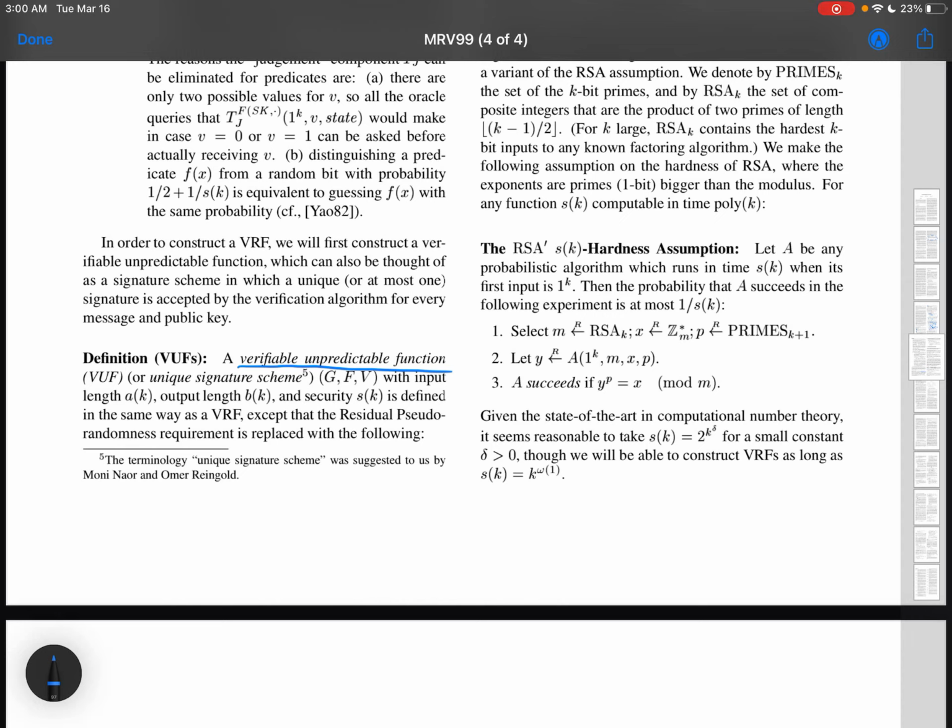So what happens is they start with the hardness assumption. And from here, they construct a verifiable unpredictable function. And then using a VUF, they construct a verifiable random function. So they essentially prove this in 2 steps.